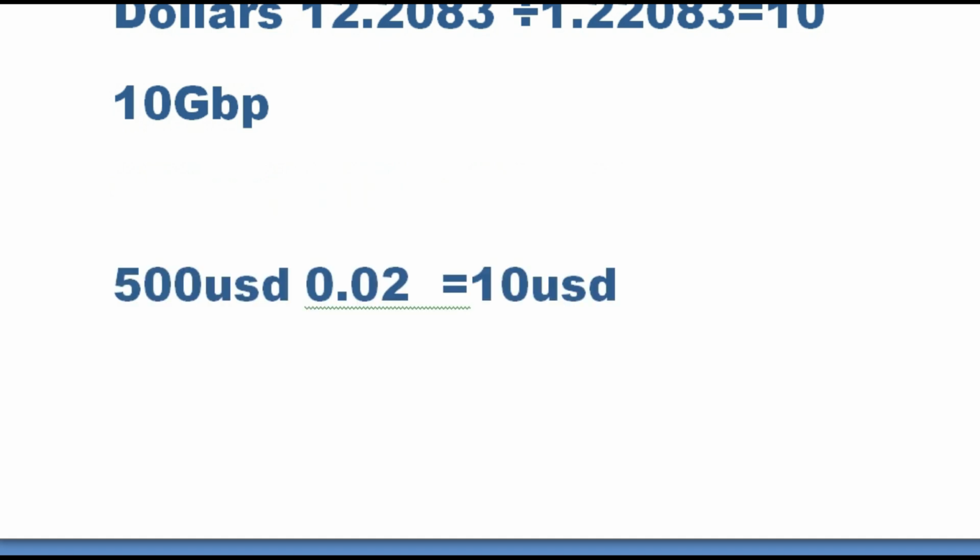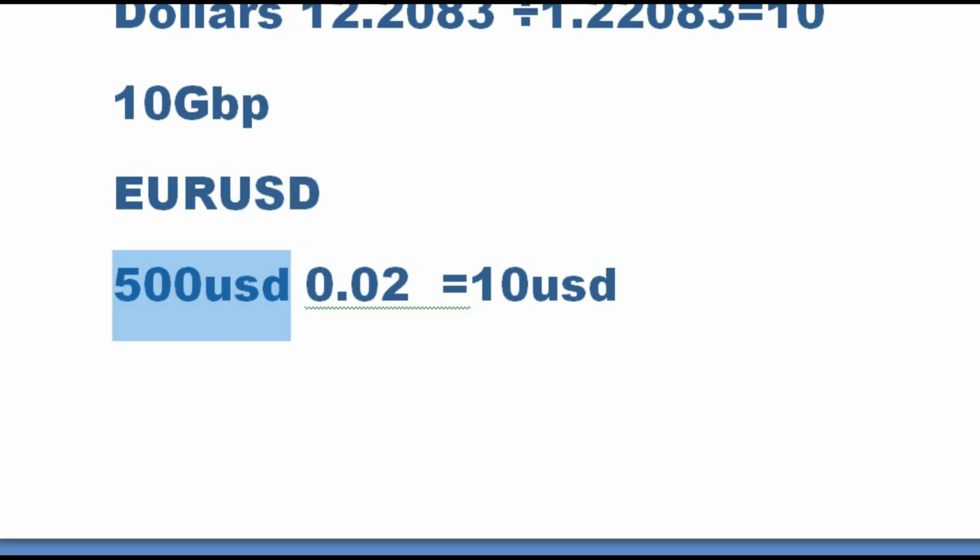If you are trading a currency pair where the dollar is the quote, for example the euro, if you want to go long or go short on euro USD, and your account is denominated in dollars, in this scenario you do not need to convert your risk into dollars because the dollar is already the quote in the currency pair that you are trading.